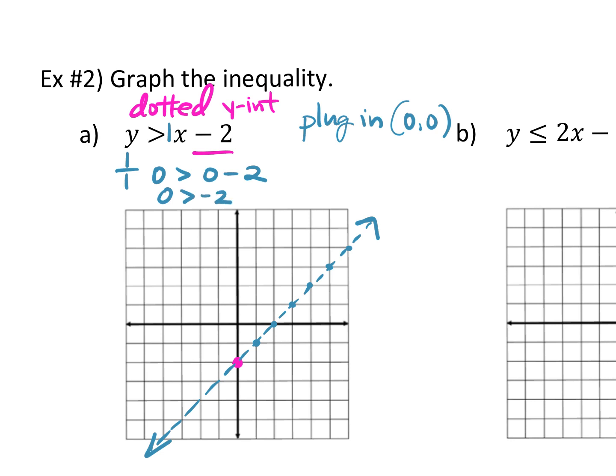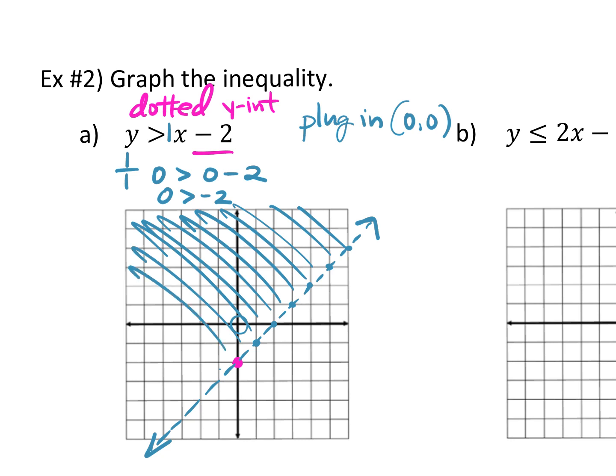Is that true? Yes, that means this point is part of my answer. So I want to shade where that is. I'm going to shade like this. You can use shading on Notability if you want to actually shade it, but I'll show you in a couple days why I like this better.